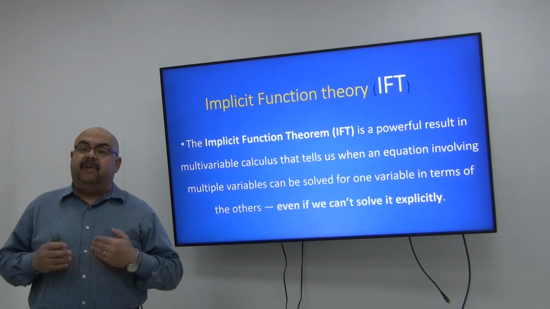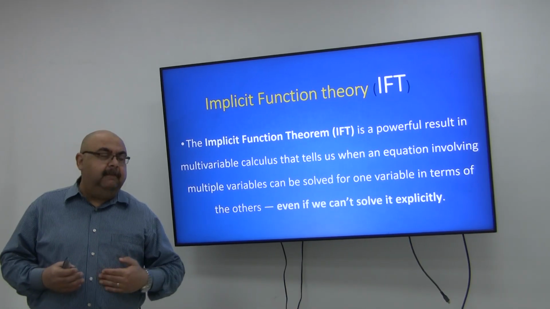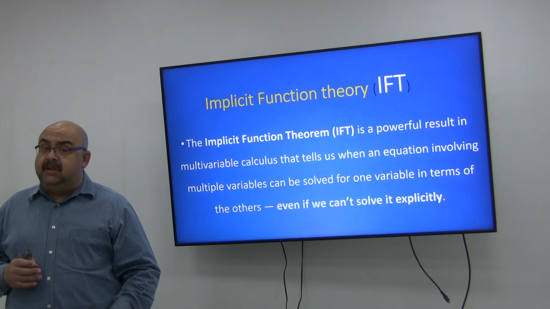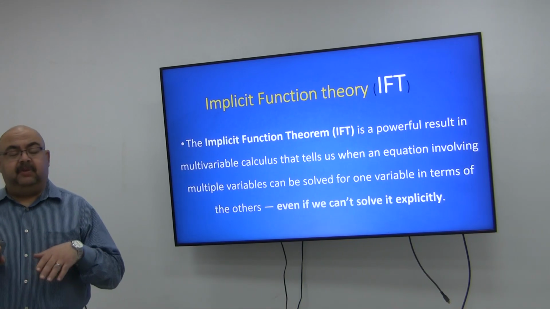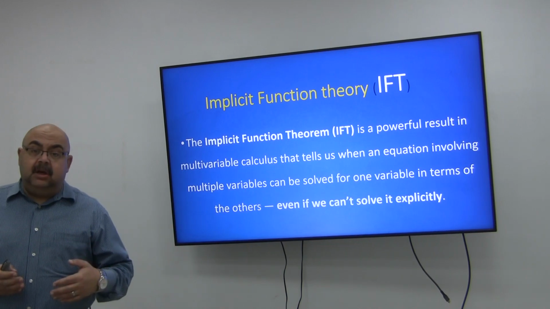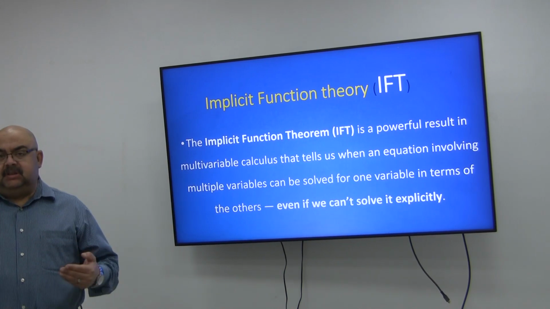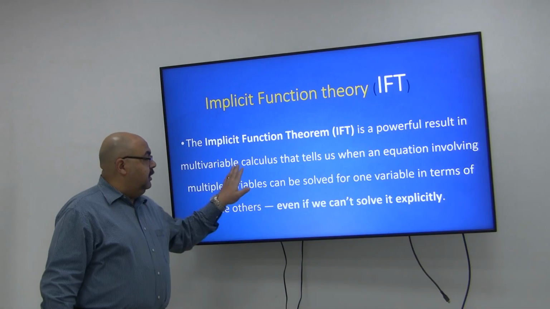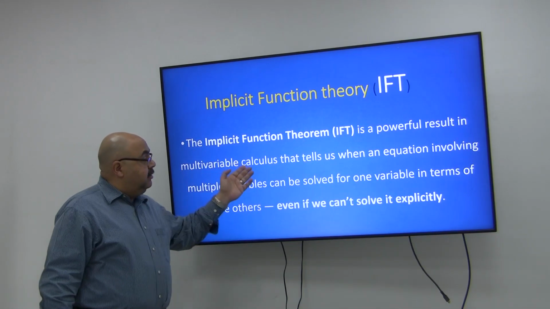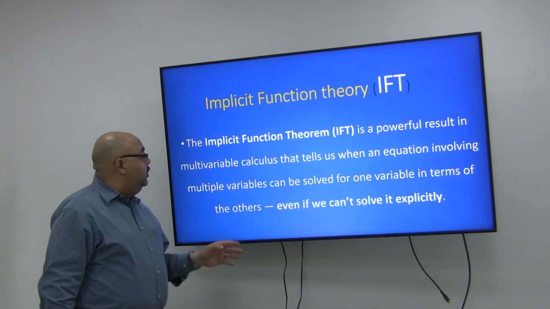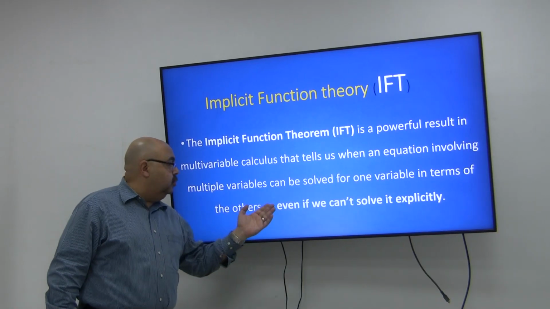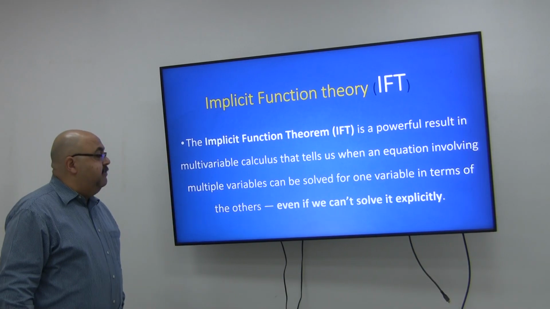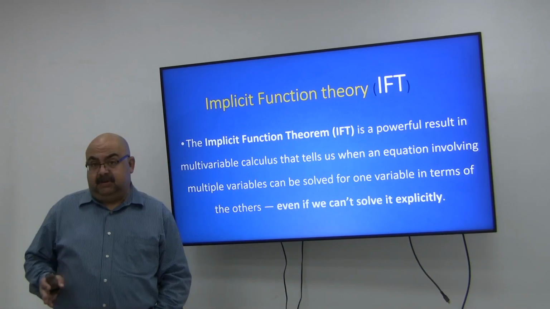So if you have a function with y and x, for example, as you would see from the coming slides, and you can separate y by itself as a function of x, in this manner your function is an implicit function. Once more, it's really very important in multivariable calculus: it tells us when an equation involving multiple variables can be solved for one of them in terms of the other, even if we can't solve it explicitly.